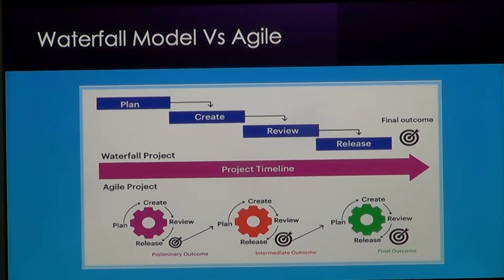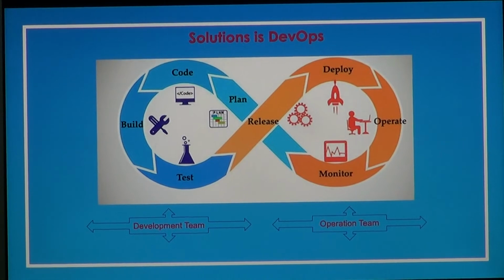So now the question is, do we have any solution for that? Yes, we have a solution, and it is none other than DevOps. Here the solution is DevOps. As the name suggests, Dev means development and Ops means operations team.